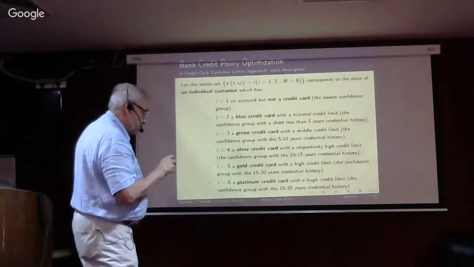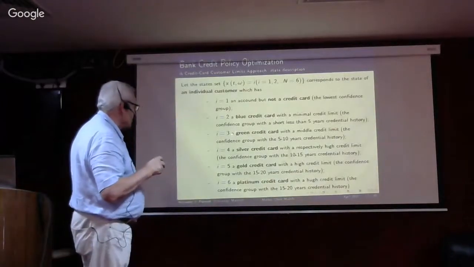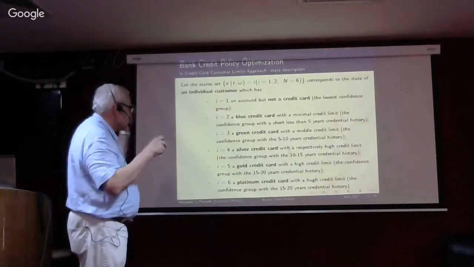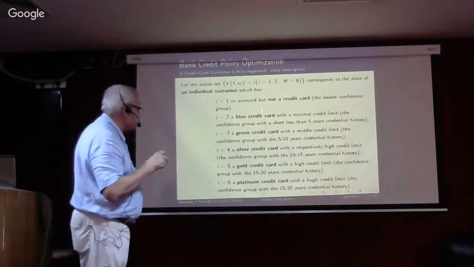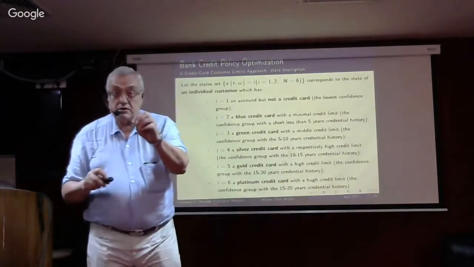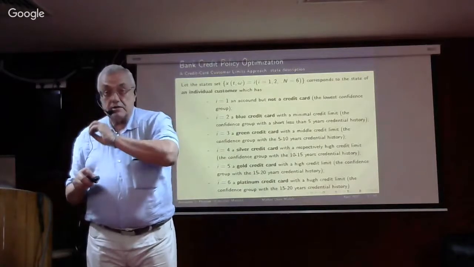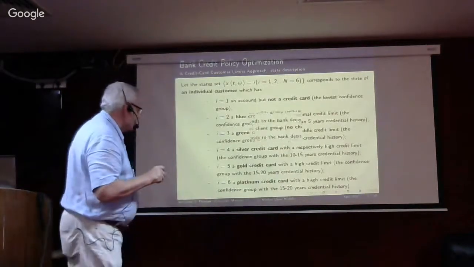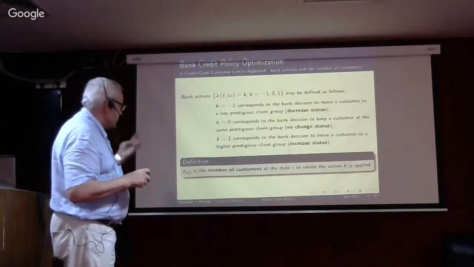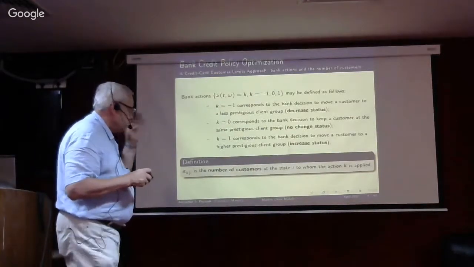So here exist the blue card, green card, silver card, golden card, platinum card. So the state is 6: which card means state. And this is action. Action we consider only 3.